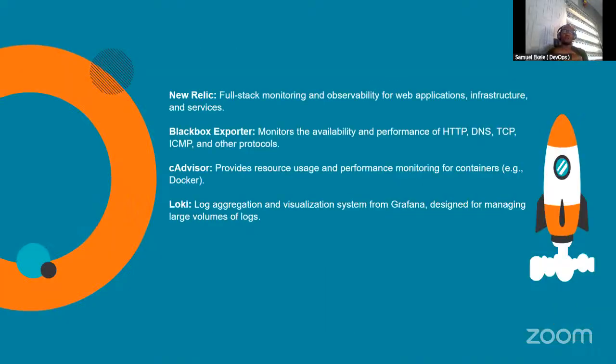So we also have New Relic. New Relic is also the same thing. Full stack, you use it for observability, for your infrastructure, for your cloud, for your application and different services. You can connect it to New Relic, and New Relic is also a software as a service platform, right?